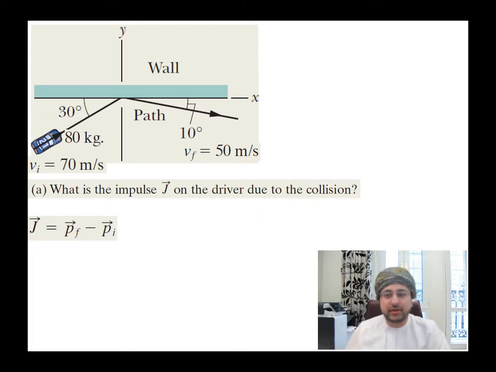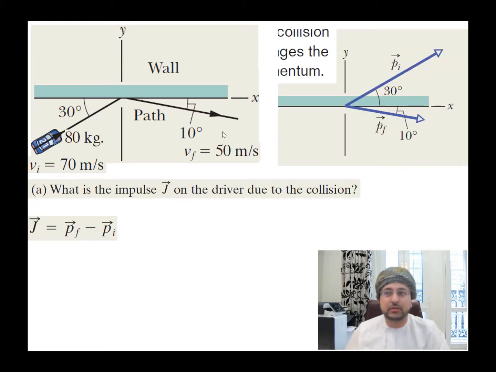The impulse is the change of momentum, Pf minus Pi. So I need to find out what my Pf and my Pi are. The directions, the angles, take all of that into consideration. And that's of course mvf minus mvi.